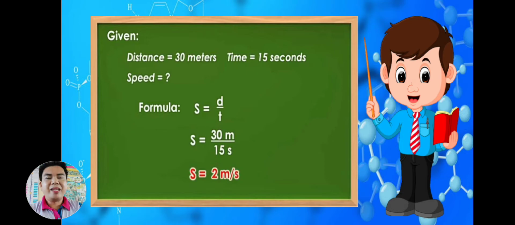Therefore, 30 meters over 15 seconds, 30 divided by 15 is equal to 2. The unit for the distance is meters, and the unit for the time is seconds. Therefore, the speed of the jeepney is 2 meters per second. You got the correct answer.